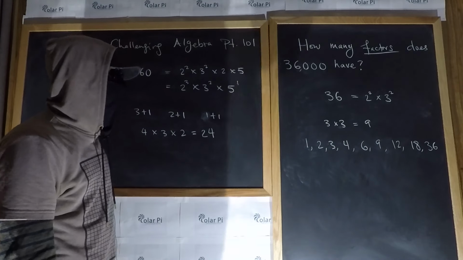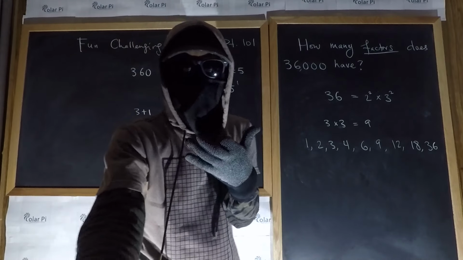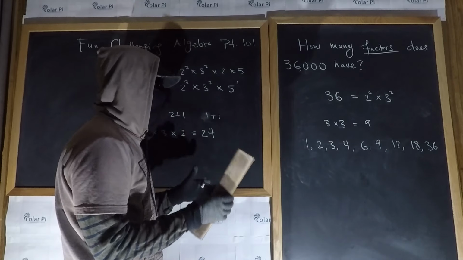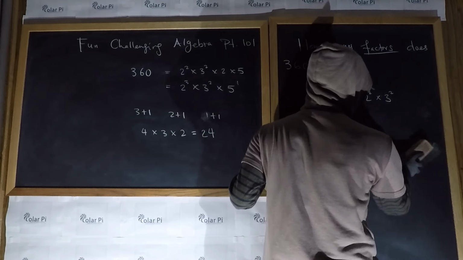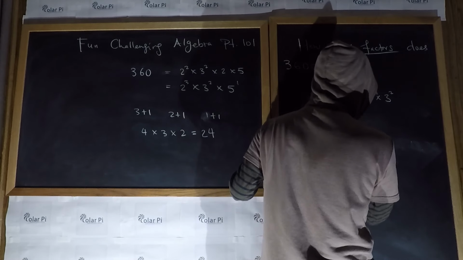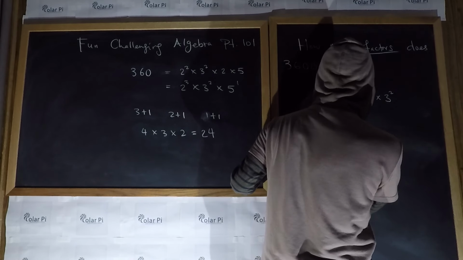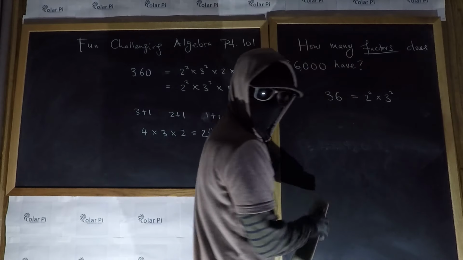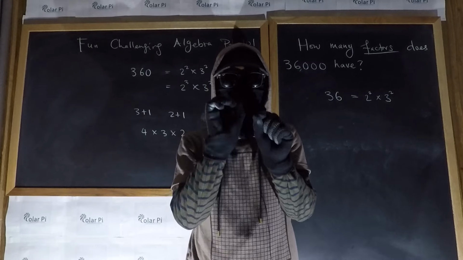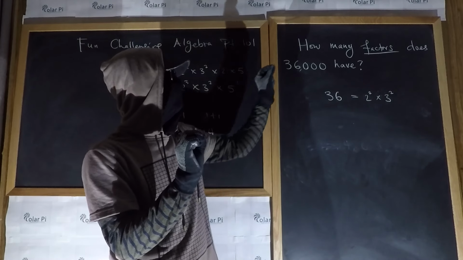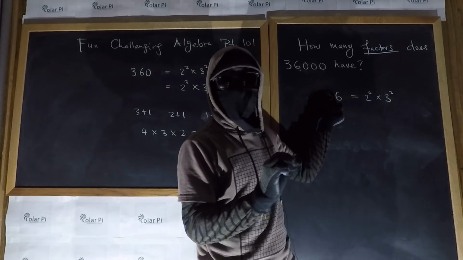But we're not done because, remember, we love math, and so we want to understand why this works. 2 and 3 are the ingredients for any factor of 36.